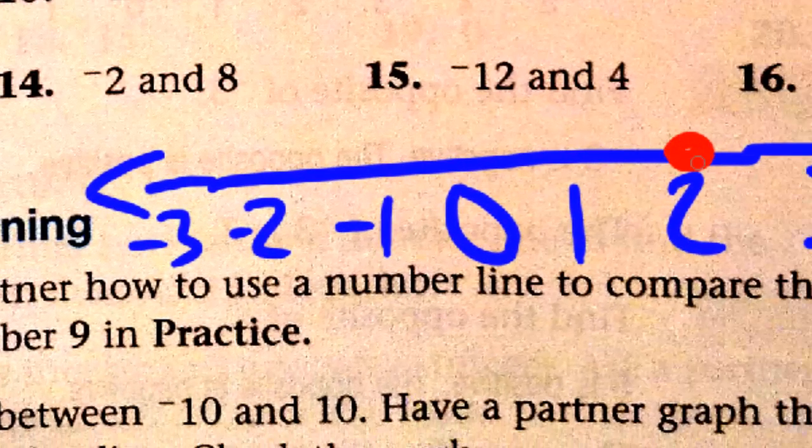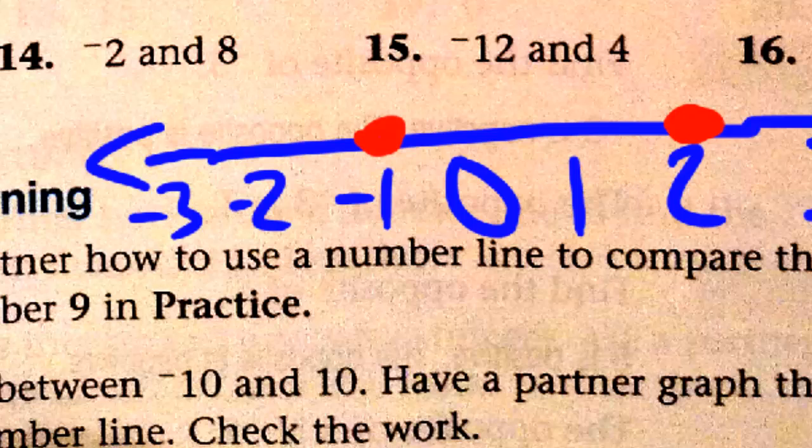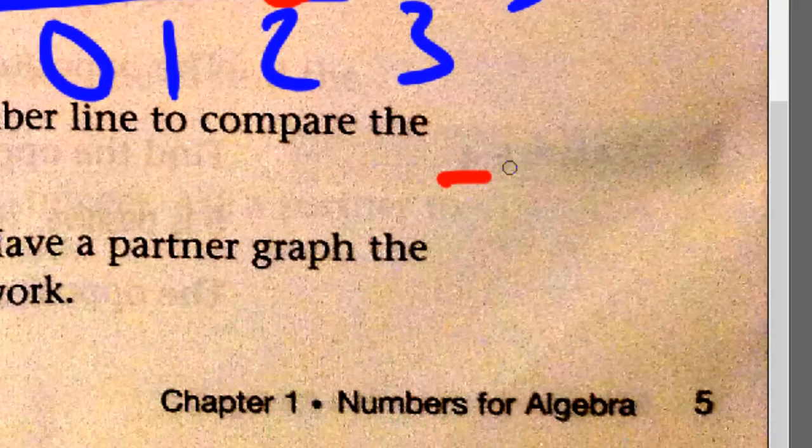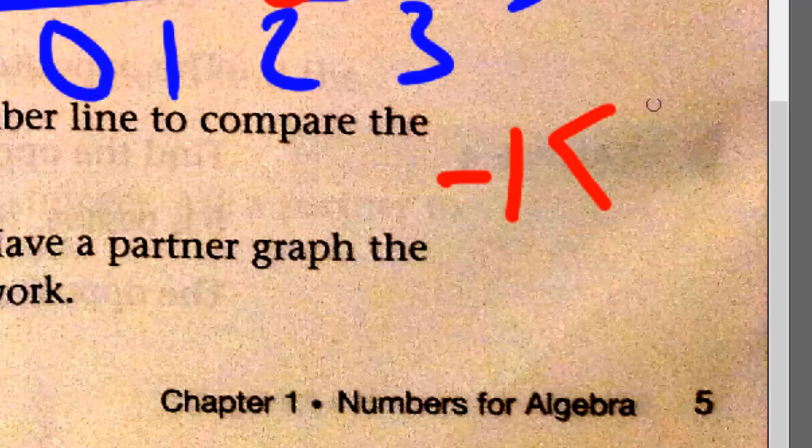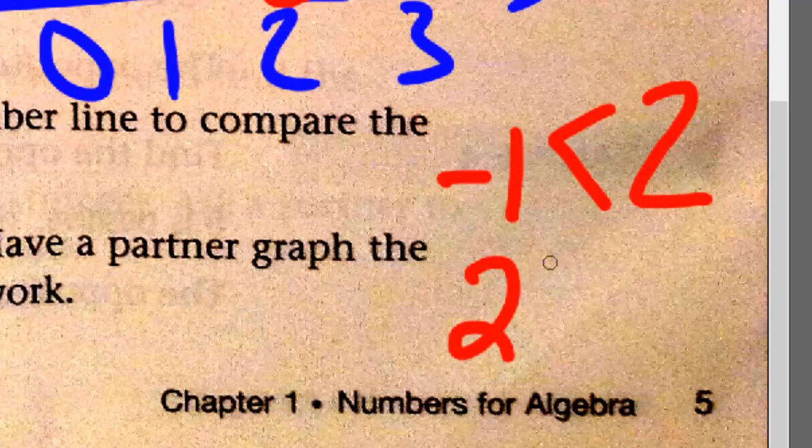We've got 2, and we've got negative 1. So negative 1 is to the left of 2. That means it's smaller. So we're going to write negative 1 is less than 2. Another way you could write that is 2 is greater than negative 1.